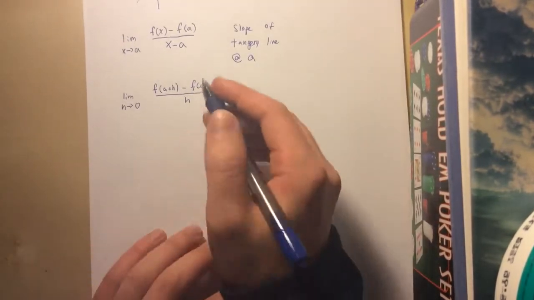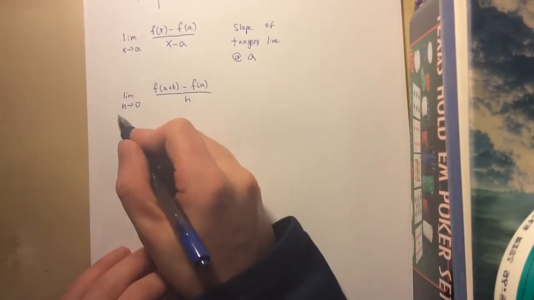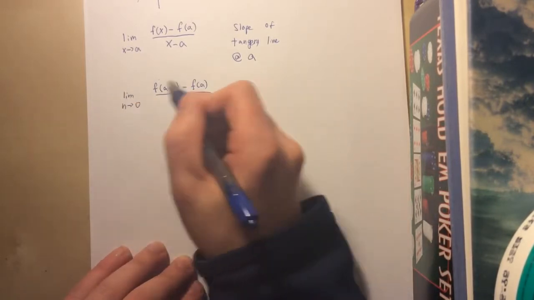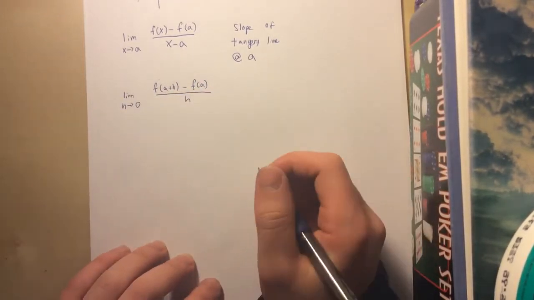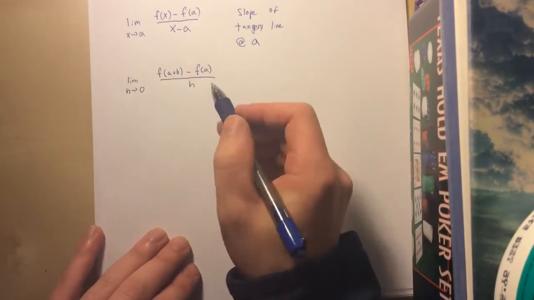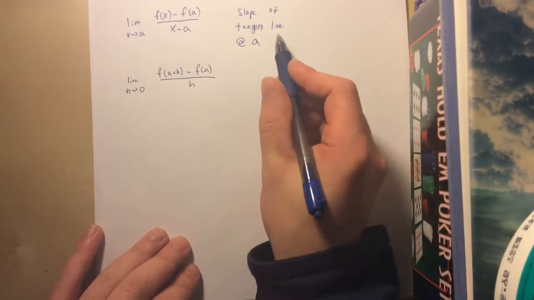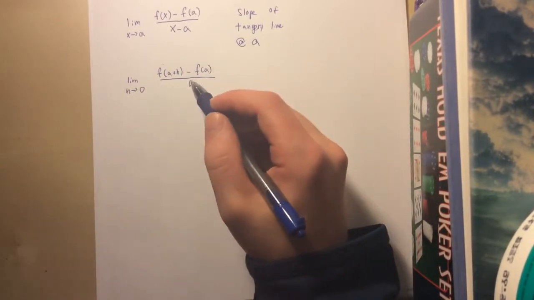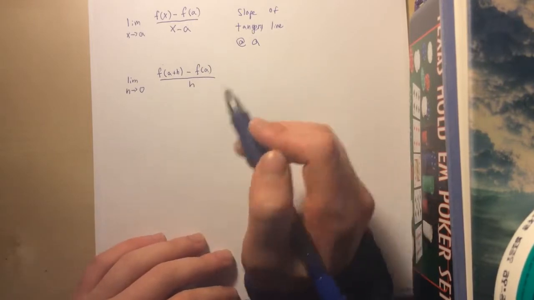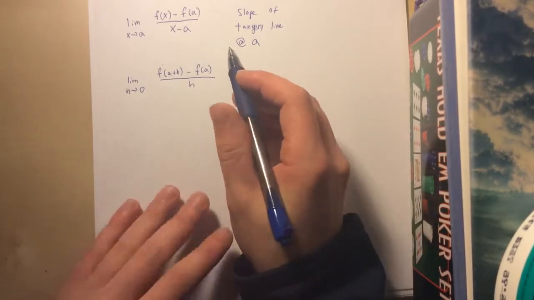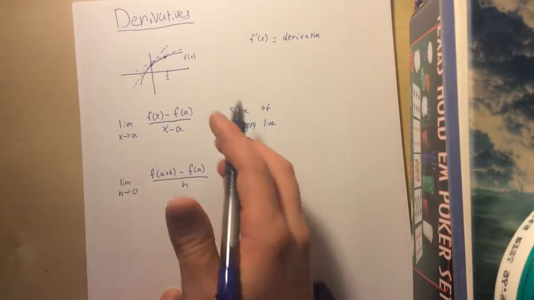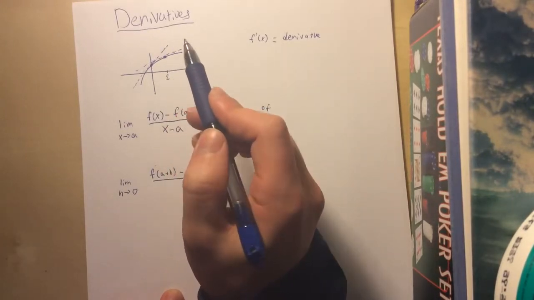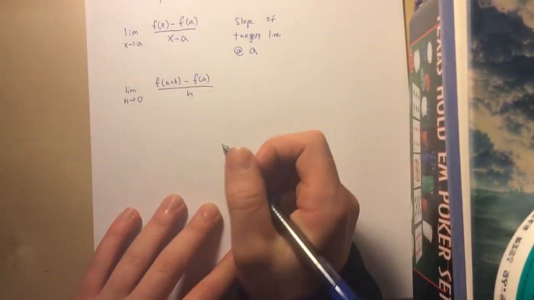And to do that, we're simply going to use the second limit equation, and instead of using a to find the slope of the tangent line at some point a, we're going to use x as our variable, and that'll give us the derivative, the slope of the tangent line at any point x.